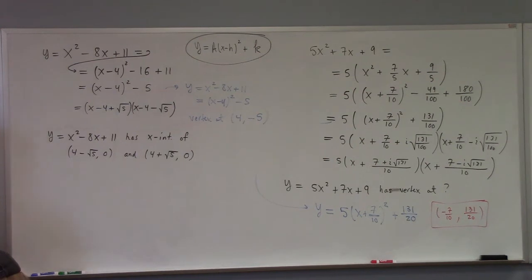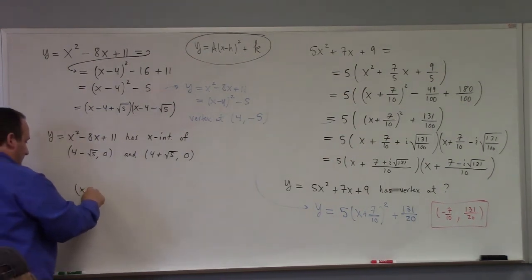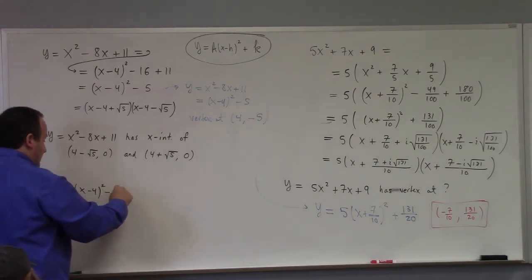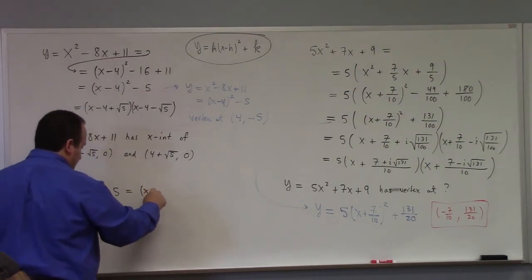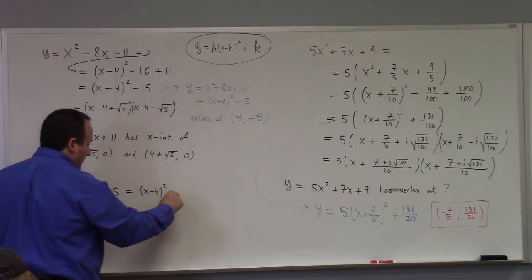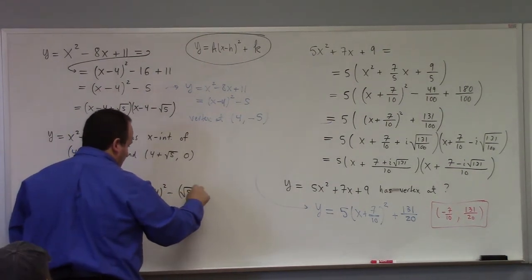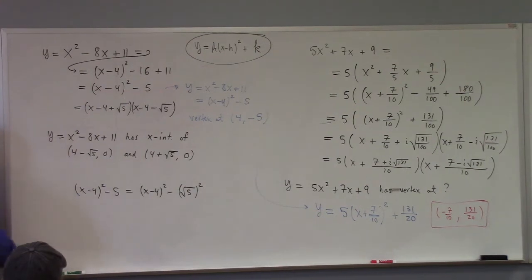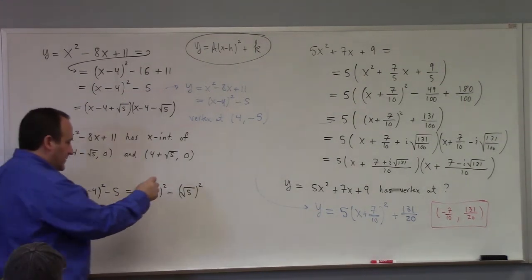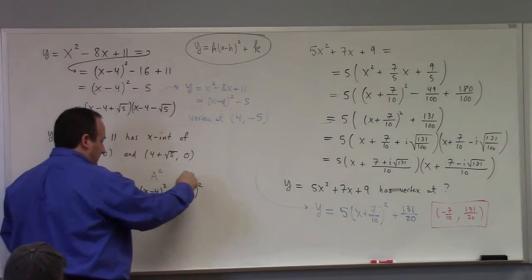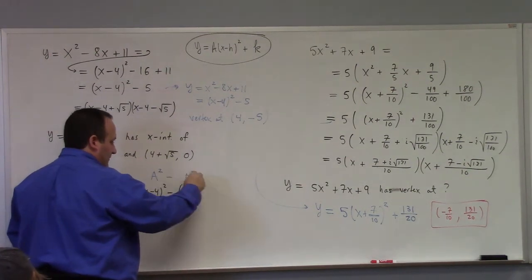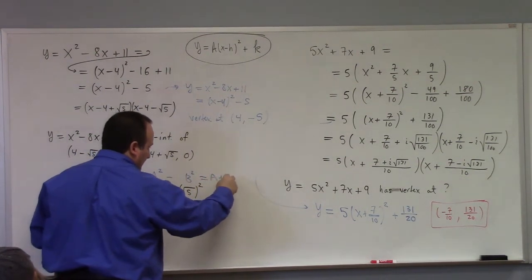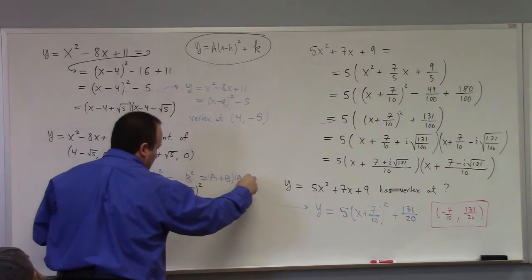Where did I get the square root from? Going back to here, x minus 4 squared minus 5 is equal to x minus 4 squared minus the square root of 5 squared. We think of this as the difference of squares. Like I told you guys day one, we're going to use this a lot. A squared minus b squared is a plus b times a minus b.